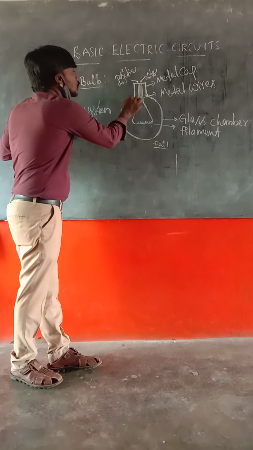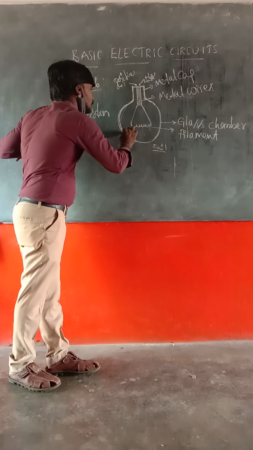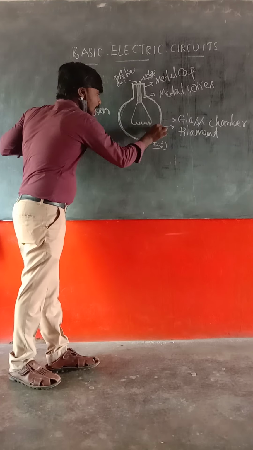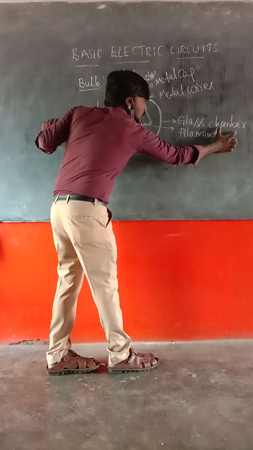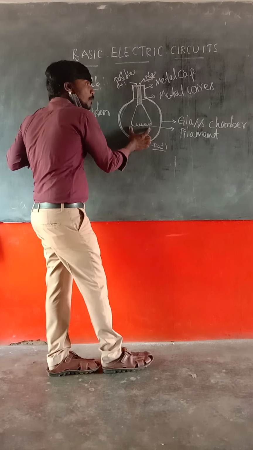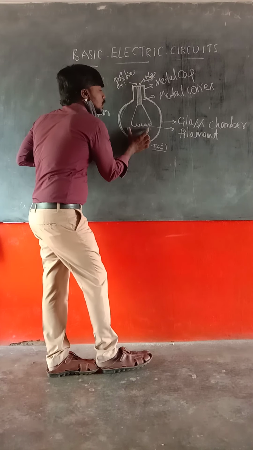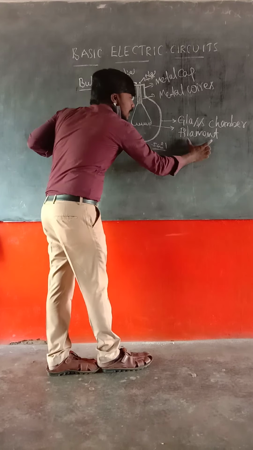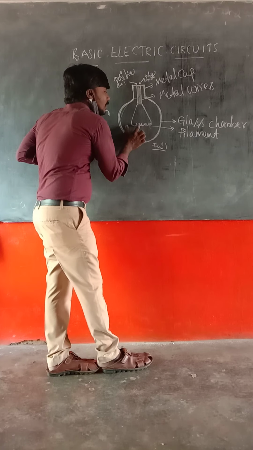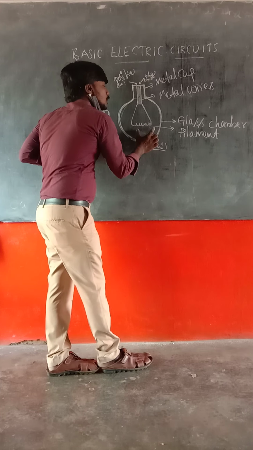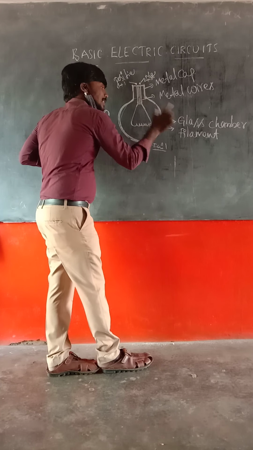The outer structure, which is round in shape and made of glass, is called the glass chamber. And one more, very important, the part through which the electrons or electricity pass is called the filament. The filament is always connected to one wire and another wire, so that's why the bulb lights.